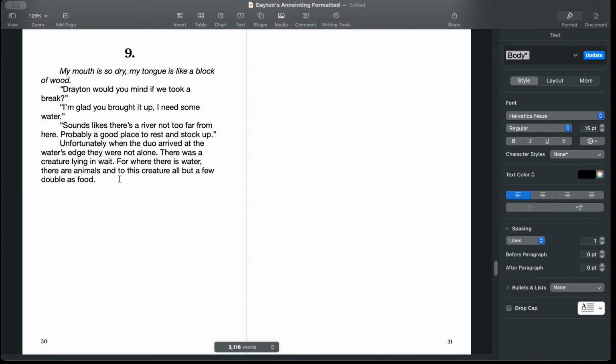There was a creature. Let's see, what should we use? I want to say maybe crouching out of sight, like hiding in the bushes, in the foliage, something along the lines. I want to give a little bit more imagery, more than lying in wait.